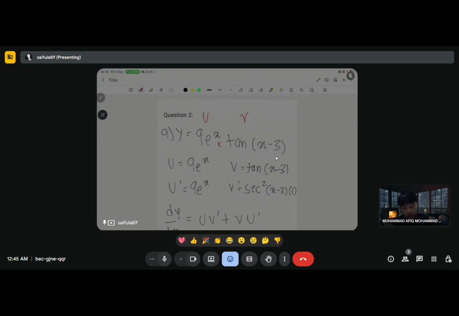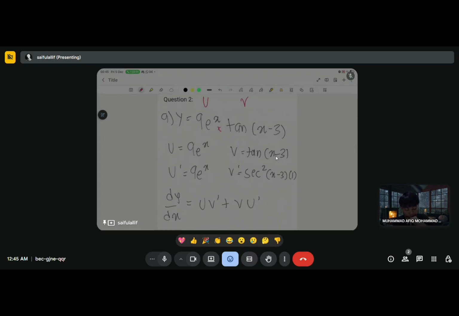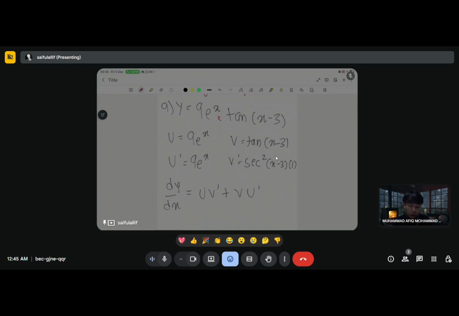Basically u is the first one and v is the next one. For u, it is 9e^x, so it will stay the same. For our v, it is tan x minus 3.